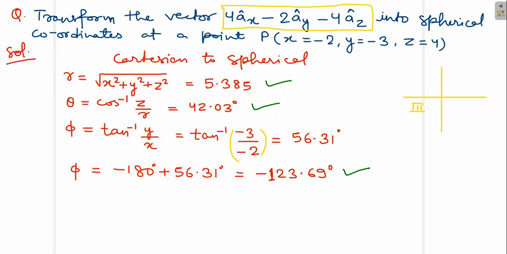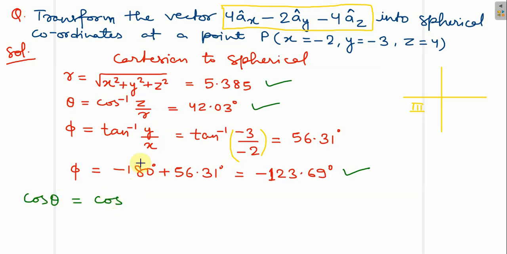Fine. Now we know that the transformation will require the values of cos theta, cos phi, sin theta, sin phi. So we will calculate them here itself. So if I calculate cos theta, how much will it be?